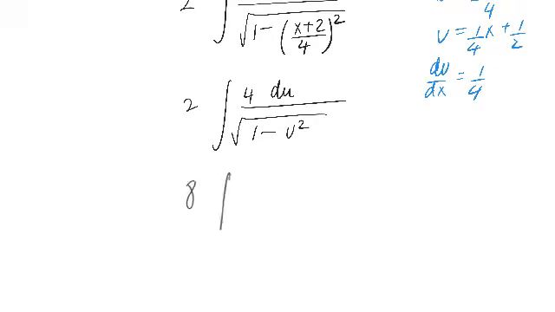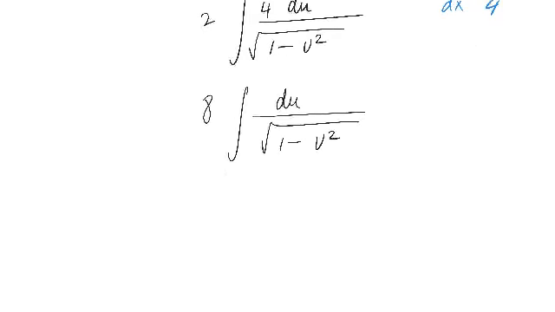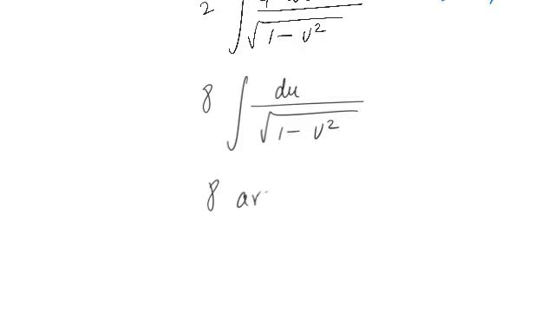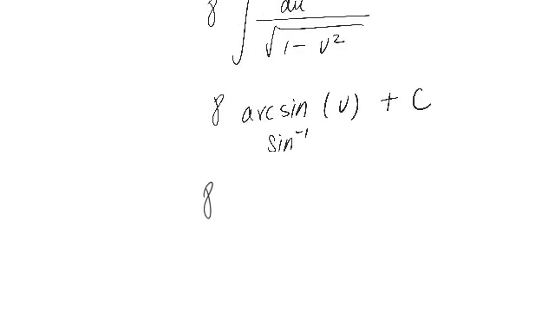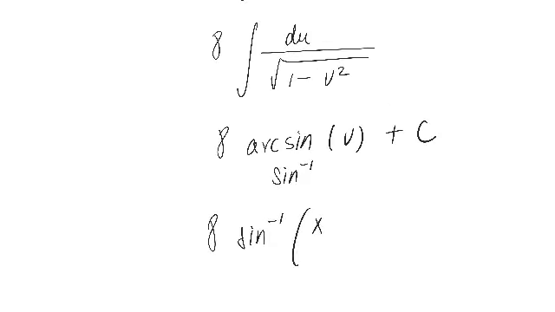So I'll end up with 8 integral of du over square root of 1 minus u squared. That is 8 arc sine or sine inverse of u plus c. So I'll write it as 8 sine inverse of x plus 2 over 4 plus c.